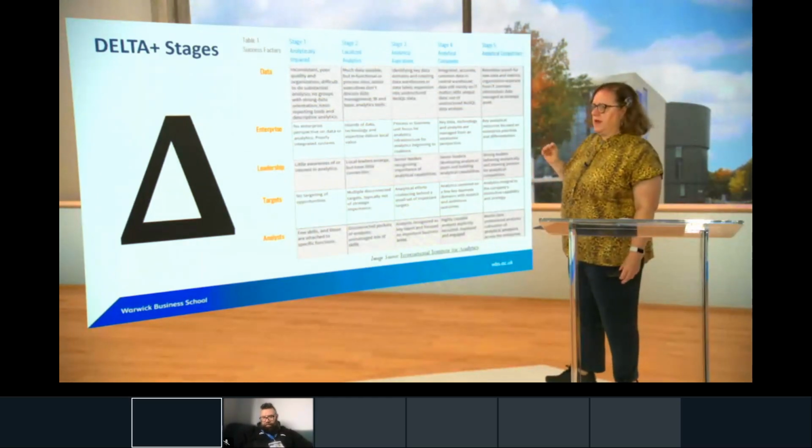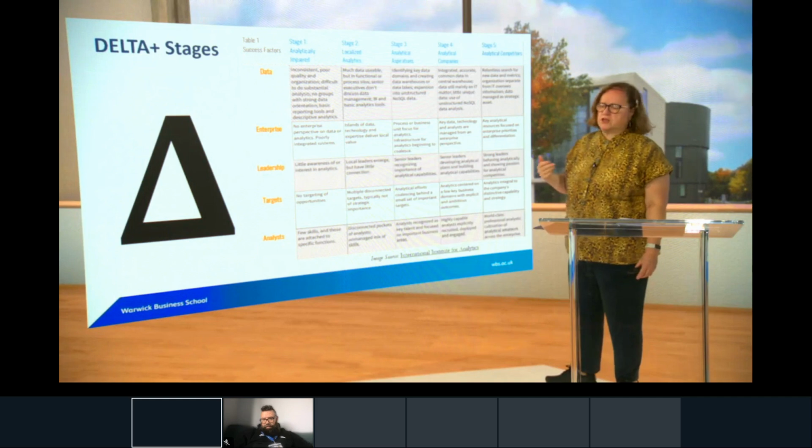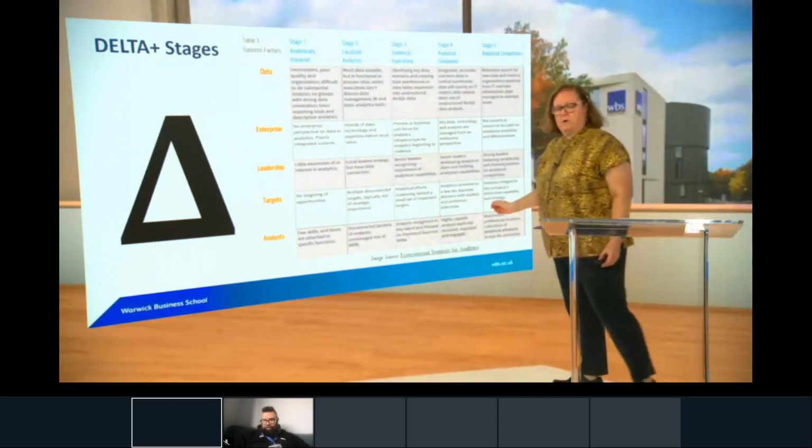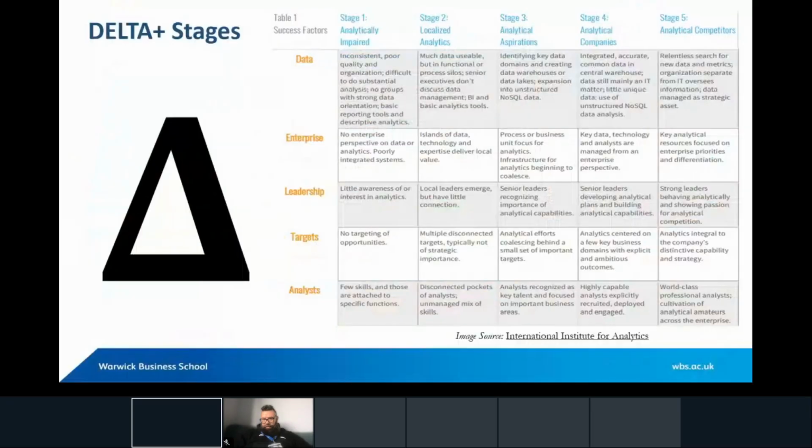And the idea then is that for your organization, you will assess and plot a little profile across your 5 stages. So down here, we've got data, enterprise, leadership, targets, and analysts.